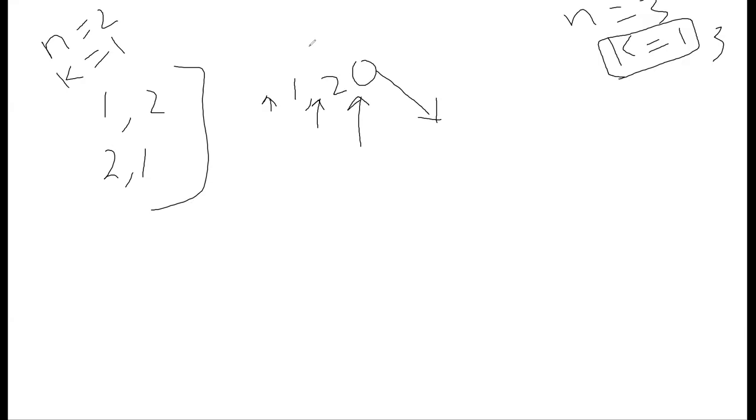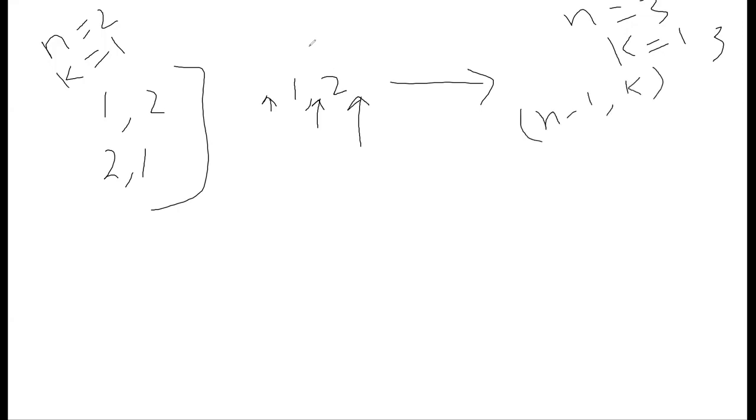So the number of pairs in that format will be whatever is already created, n minus 1 comma k, which in this case is 2 comma 1. In any case, when it's k equal to 1, you'll just have a single permutation that gives you that answer, right?